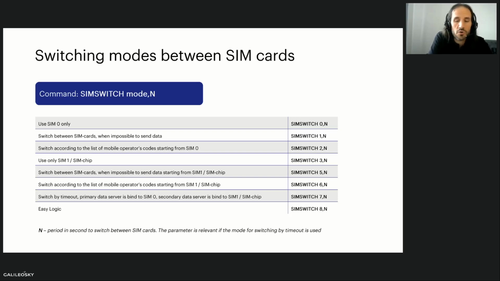If you use just one card, I recommend one of these modes. Remember that SIM 0 is always near the edge of the device, and SIM 1 is more inside the terminal. So it's the simplest mode that you can use.